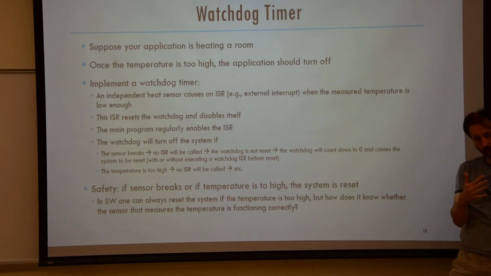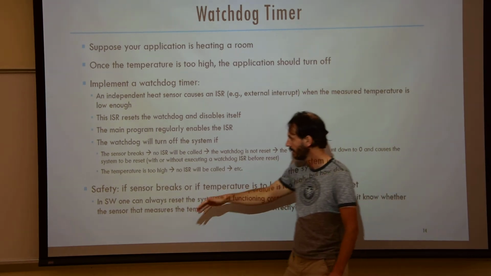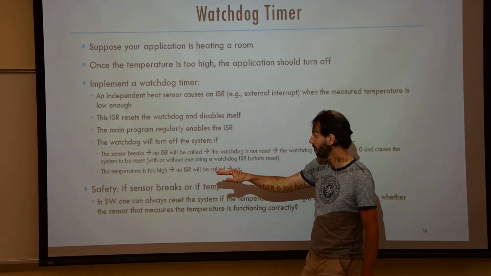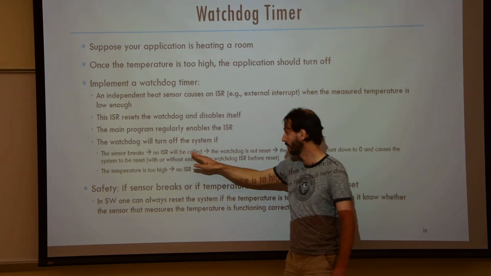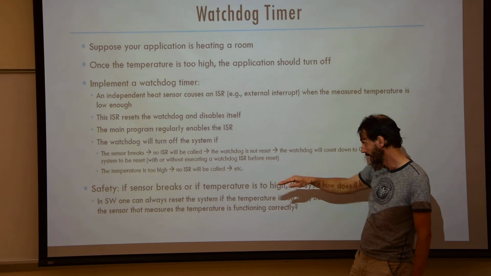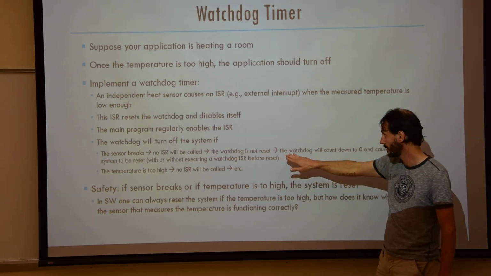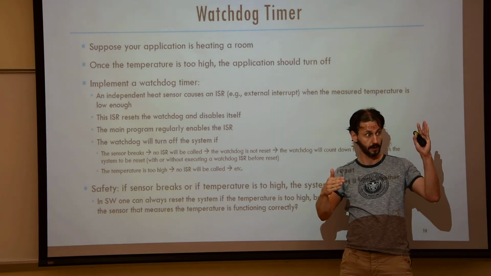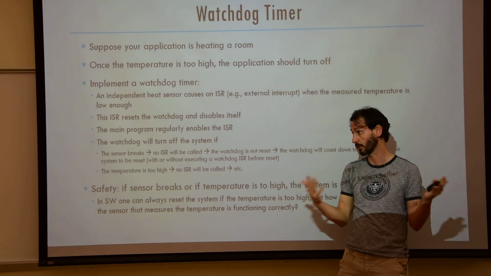So the watchdog will now only turn off the system if one of two things happens. The sensor could break, meaning that no ISR will be called, because nothing happens, and then the watchdog is not reset. So the watchdog will at some point reset the whole system, and that's what you want.